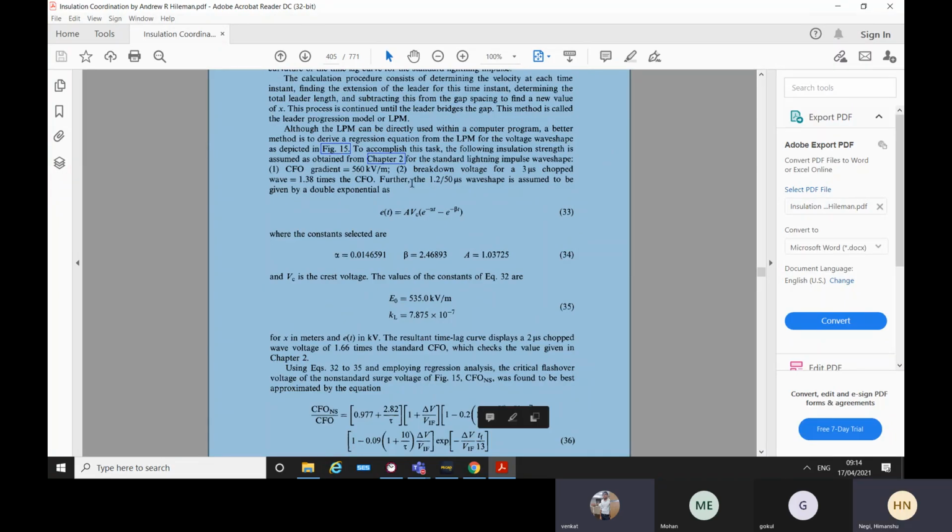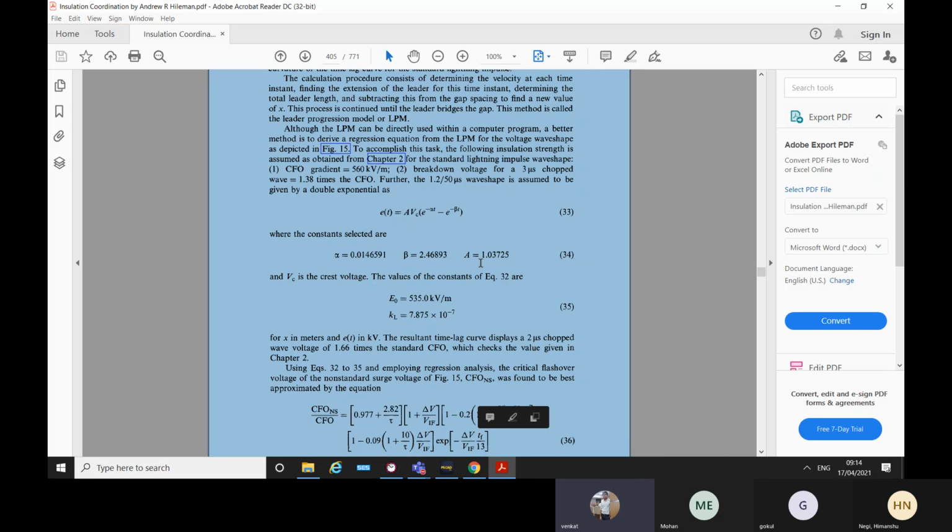I didn't open the JC Das, but this was a reference book, so I opened it and saw how they did it. But I hope the voltage which they are giving there and the gap distance remain the same.